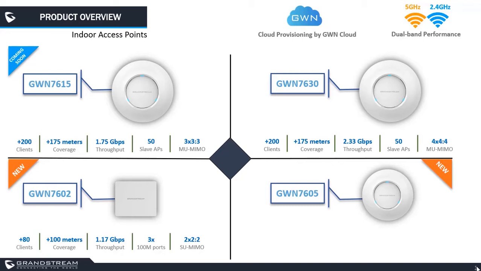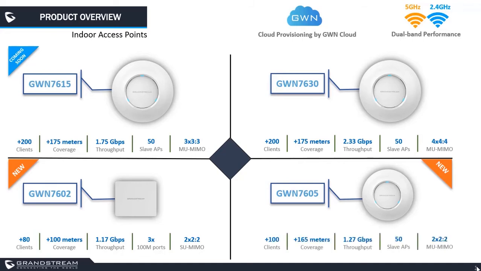It offers dual-band 4x4 multi-user MIMO technology and a sophisticated antenna design for maximum network throughput of 2.33 gigabits per second and expanded Wi-Fi coverage range of up to 175 meters. This model can handle up to 200 concurrent wireless connections at the same time.